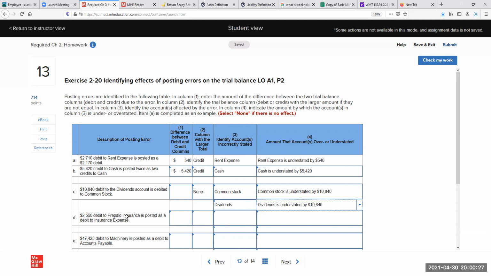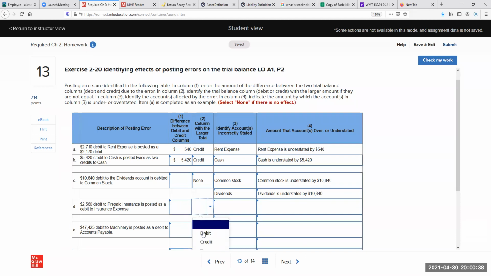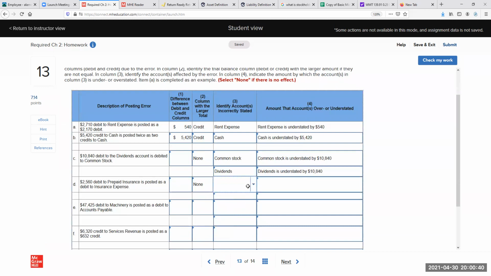A 5,025 debit to prepaid as opposed to debit to insurance expense. Well, that's no problem. You still have a debit. So I don't think there's any effect there. None of those balance. So what's happening here now? Insurance expense and prepaid insurance.